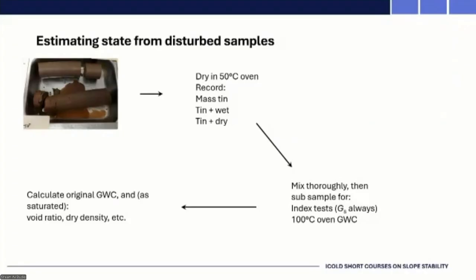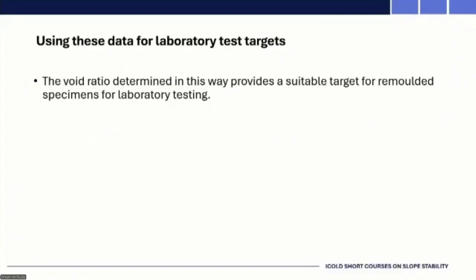Then you can dry it thoroughly and back calculate the original gravimetric water content through that two-phase drying. And then you can get an estimate of void ratio and dry density, whatever. So if you can get the sample where you recover everything, it at least provides a good target for remolded or reconstituted samples, but it also gives you an estimate of state.